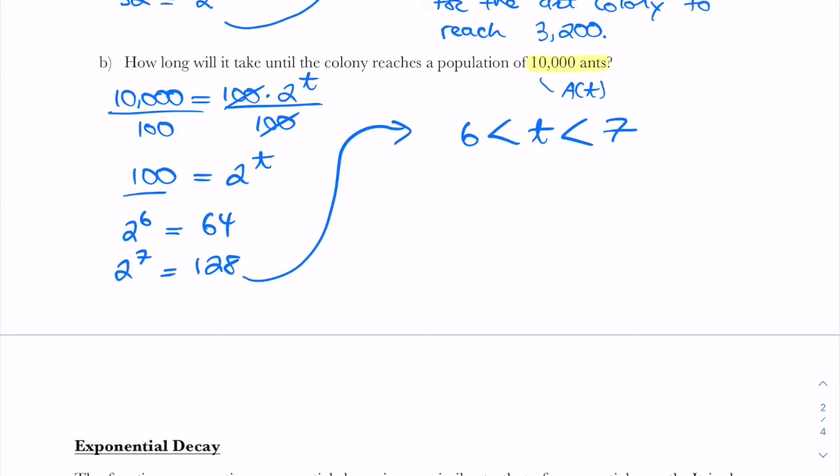So I'm writing this out kind of like what we did for domain and range back in Unit 2. Reading this left to right, I'm saying 6 has to be less than t and t has to be less than 7. In other words, t is somewhere between 6 and 7. So you've narrowed it down.